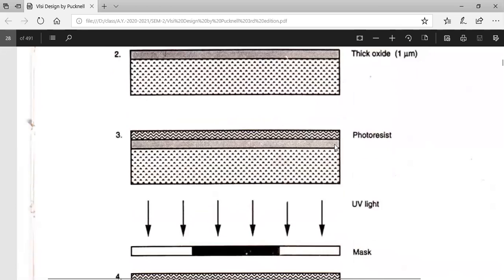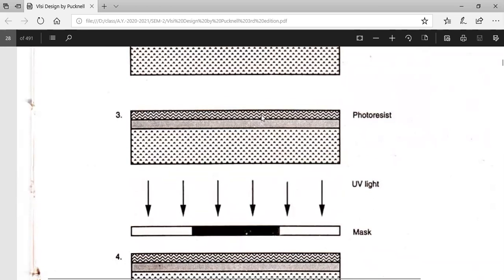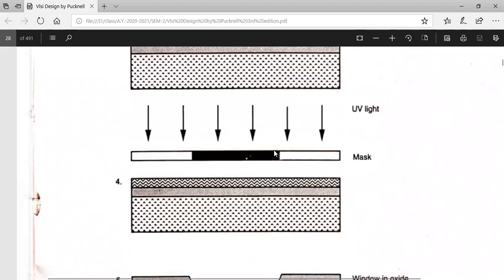This photoresist is like a gel, and I will spread it evenly over the total surface above the silicon oxide. Then I place a mask over the photoresist and subject it to UV light.